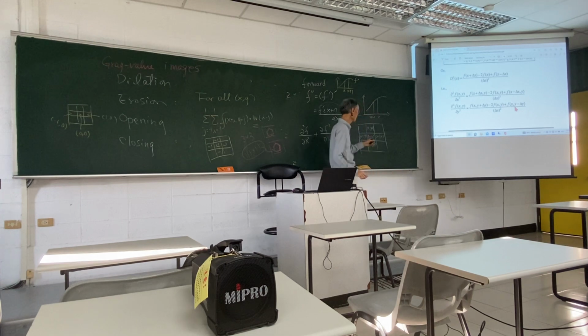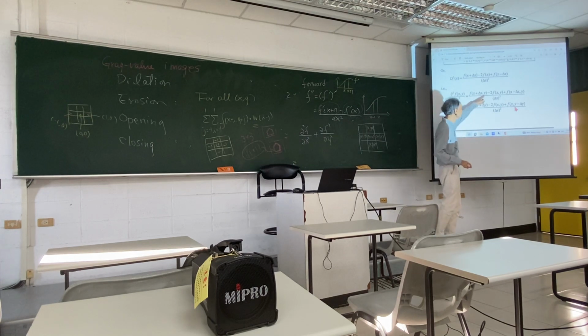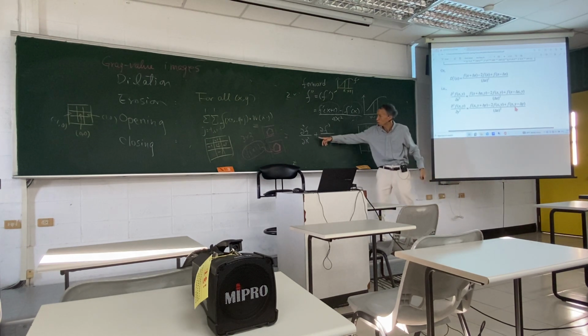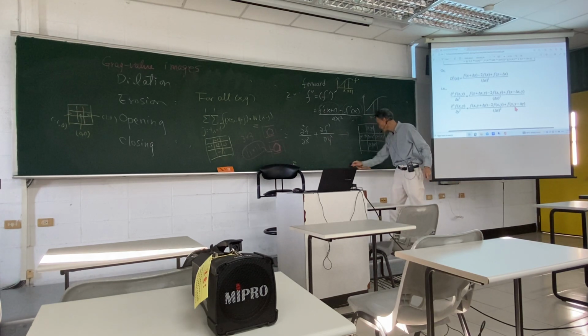Now let's take a look at x, y. What is the coefficient for f of x, y here? Minus 2 plus minus 2. See that? So it's minus 4. We need to sum them up, right? So this value will be 4.